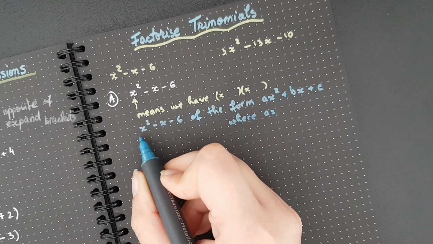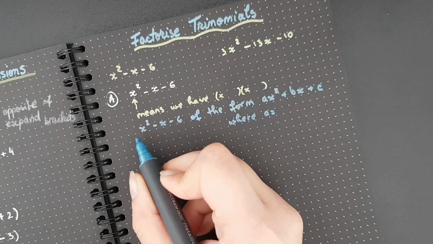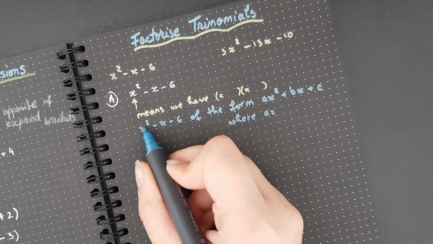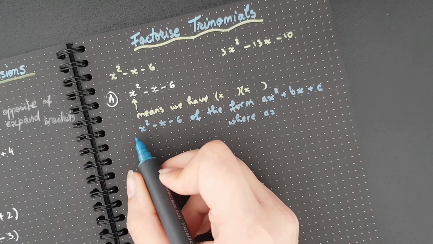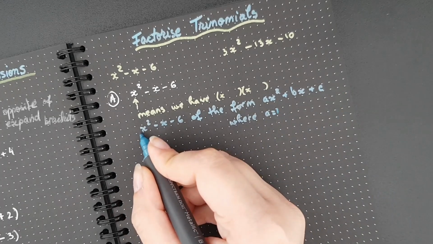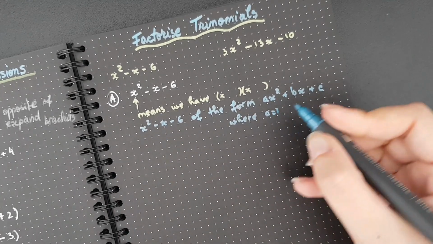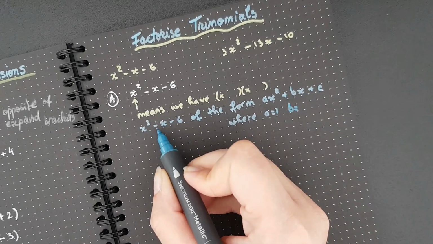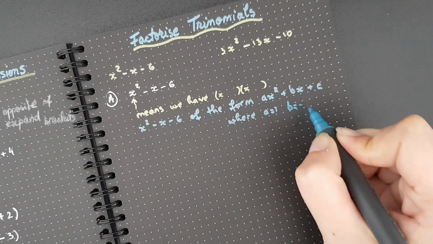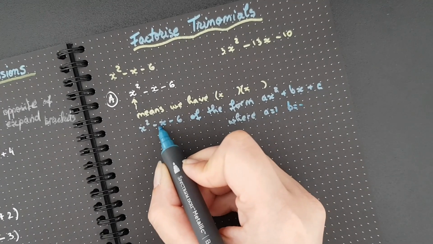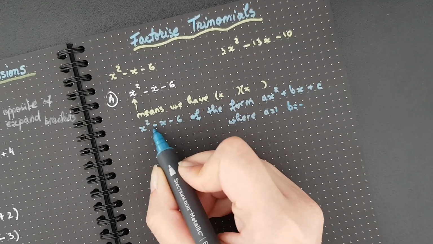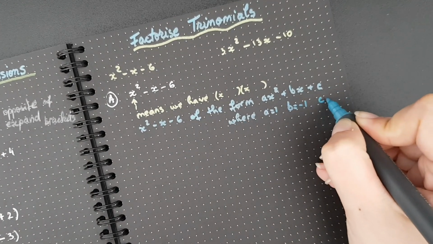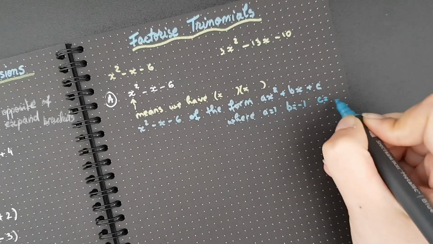Now in this case, you could potentially tell me that there is absolutely no number in front of x squared, but that's a bit wrong, because we do actually have a number in front of x squared, and that is 1, because this tells me I have 1x squared. B is whatever I have in front of x, and again you could say that in front of x is just a minus. That's true, but again, if I don't have a number, I do still need to think that I have 1x, so I've put the negative 1, and hopefully C is the one that's going to be a bit easier to spot, because it's just a negative 6.